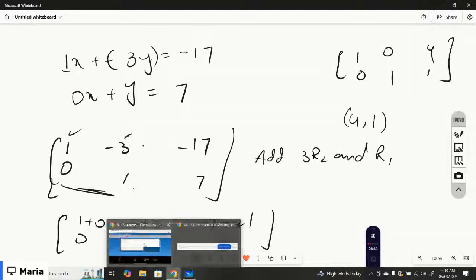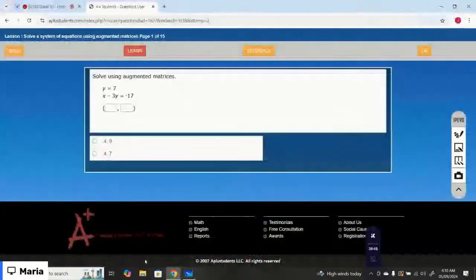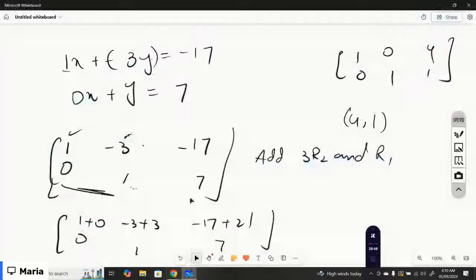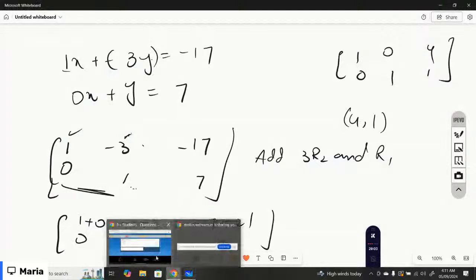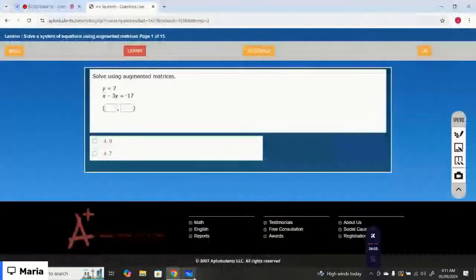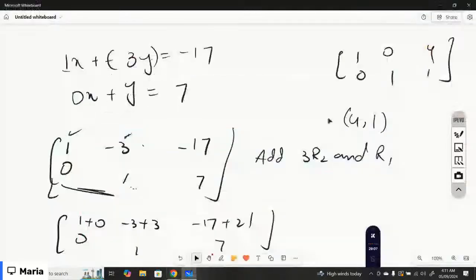The correct option is 4 and, hold on. That is 7.